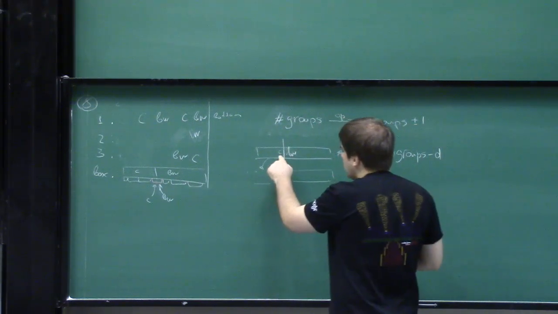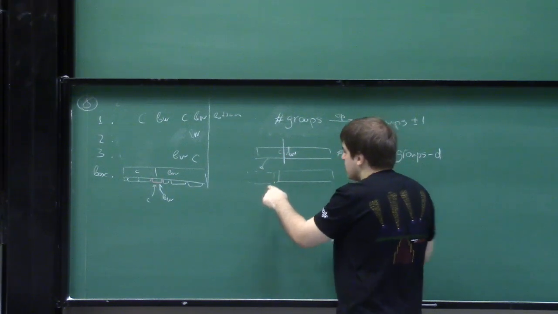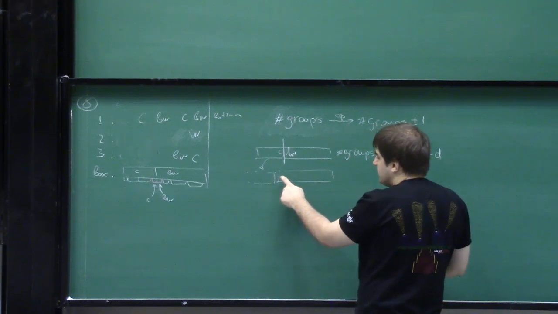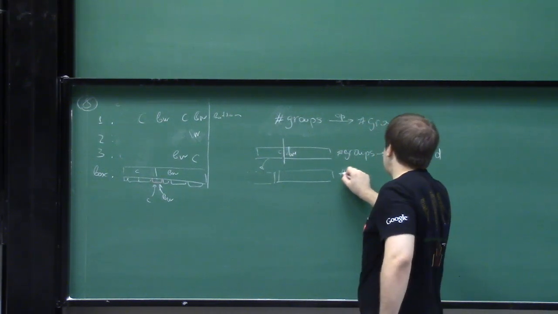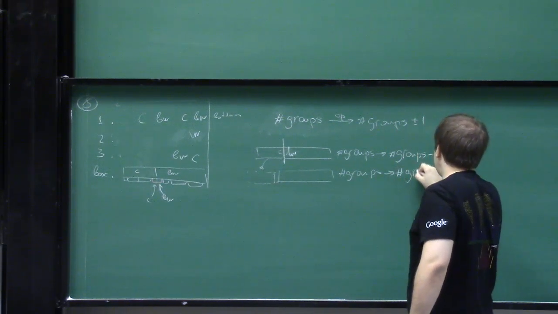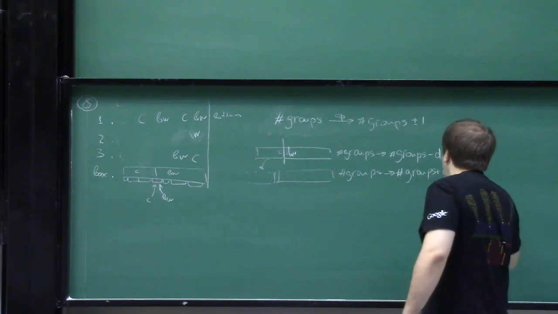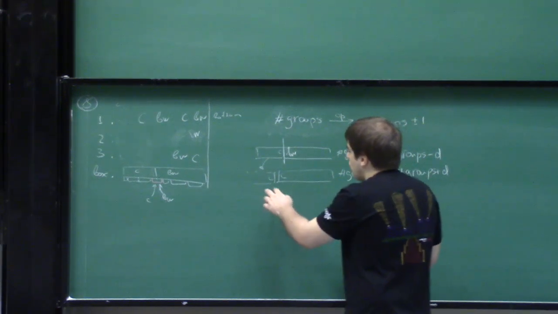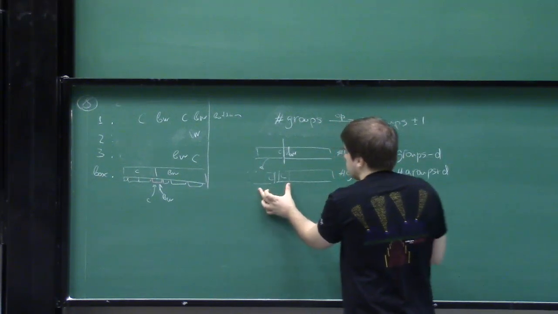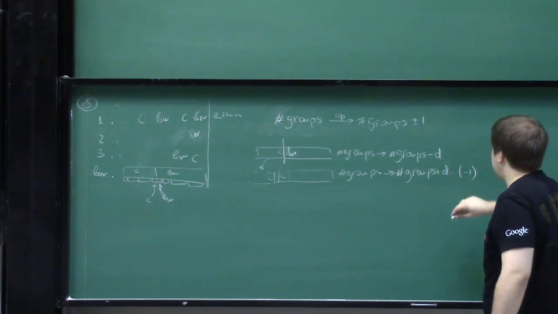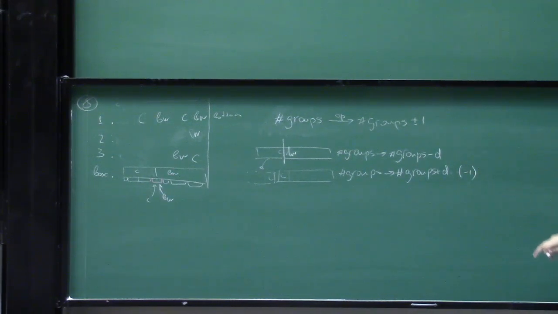If the bottommost photo in the part you have taken is different from the topmost photo in this stack, then you will just increase the number of groups here by d. Or if those colors match, we'll join the group here and the group here together, and you will also have -1 here. So in total the number of groups will change by 0 or by -1.